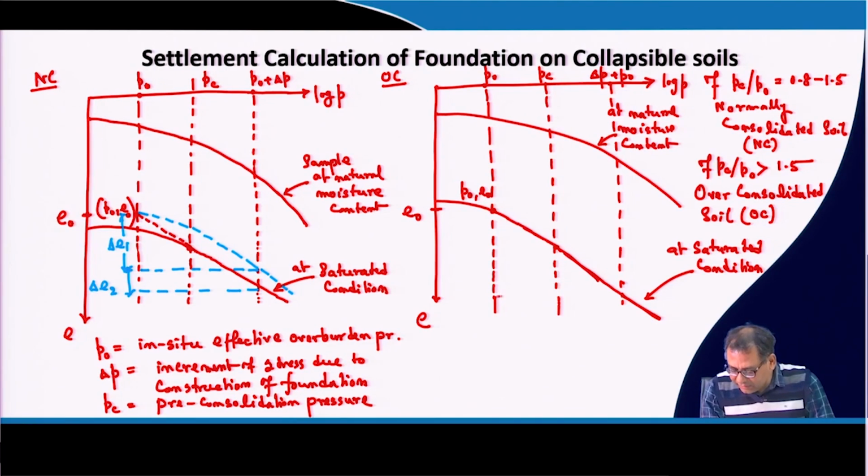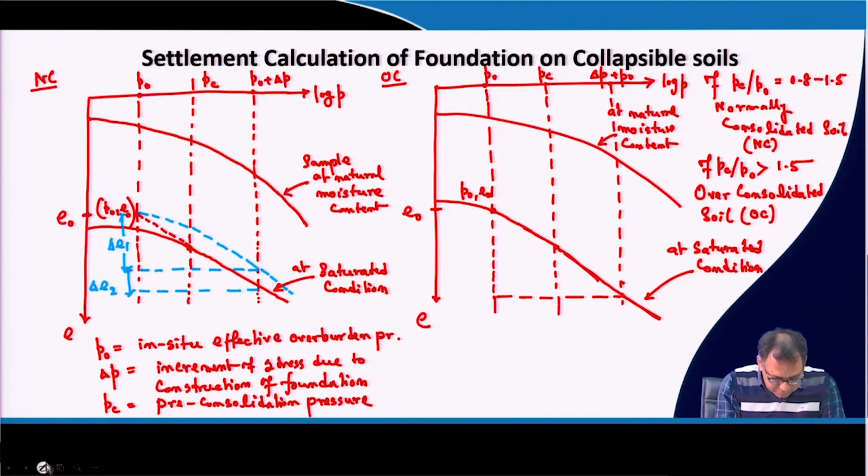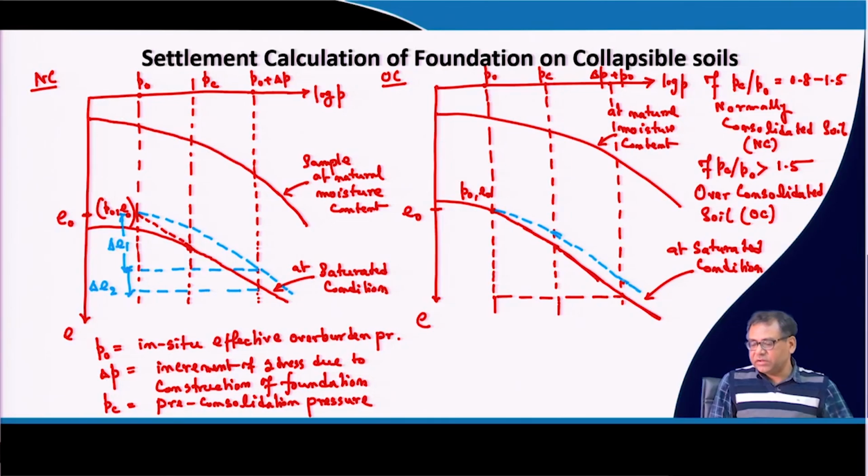Then we can take this point and draw now the same curve which is from here, which is for natural moisture content.